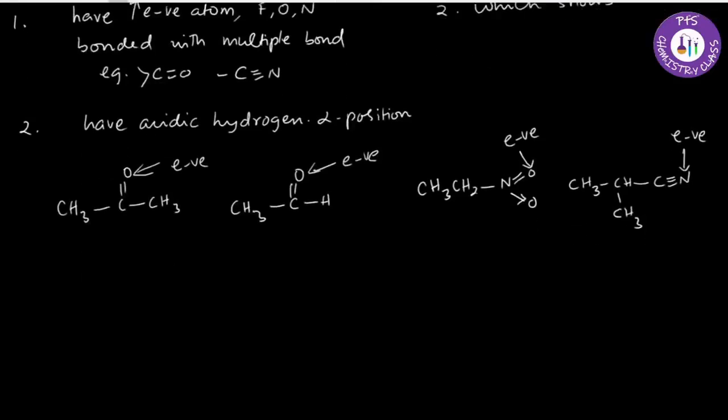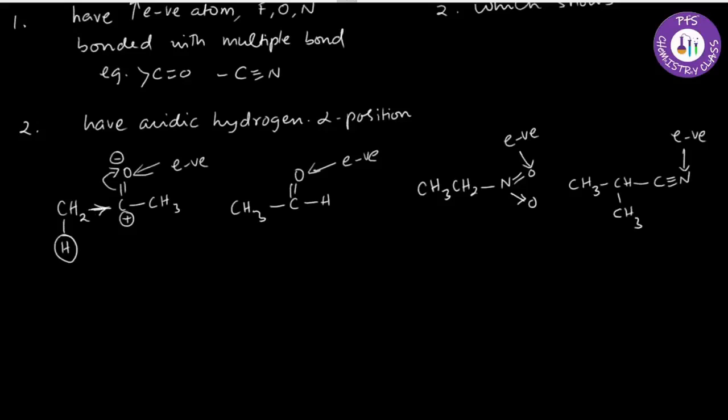Now, about the acidic hydrogen in this CH3 of acetone: by this time you should be familiar with all these things. Whenever you have C double bond O, the bond will shift towards oxygen, which will develop a negative charge, and carbon will develop a positive charge, so the electrons will be pulled towards this side.